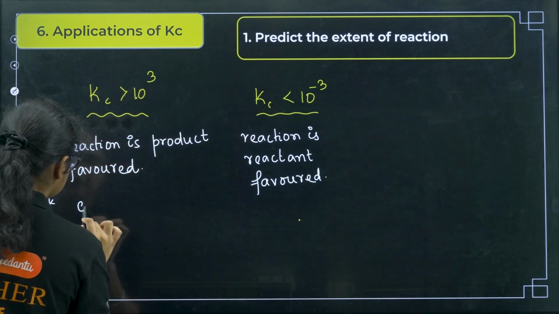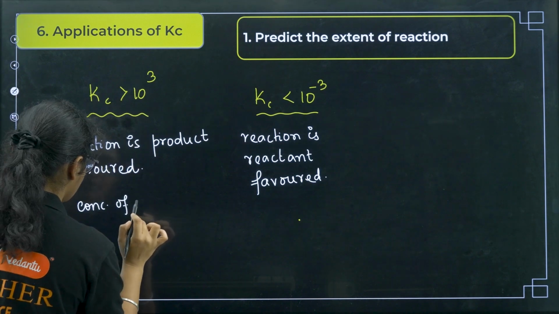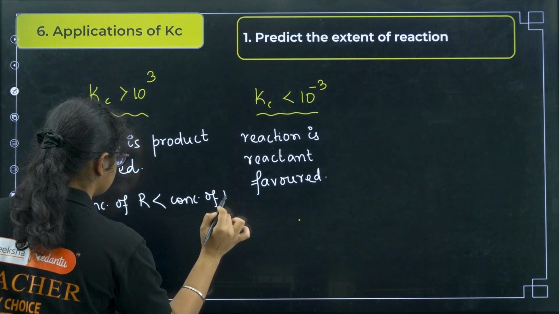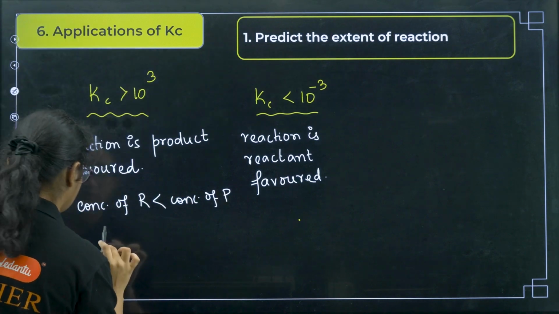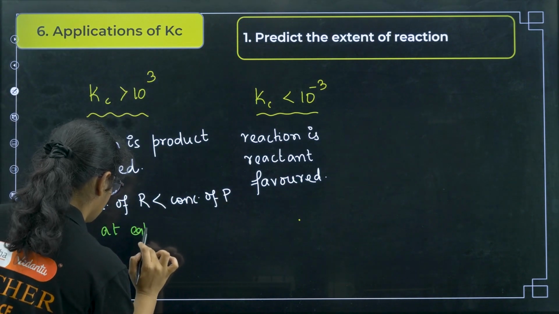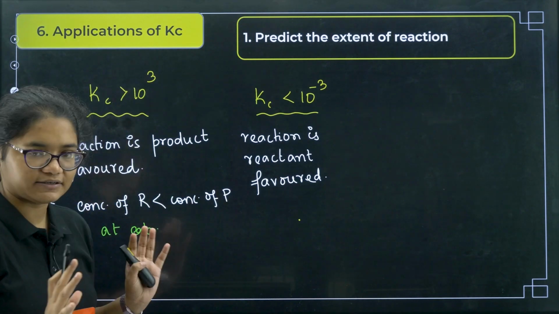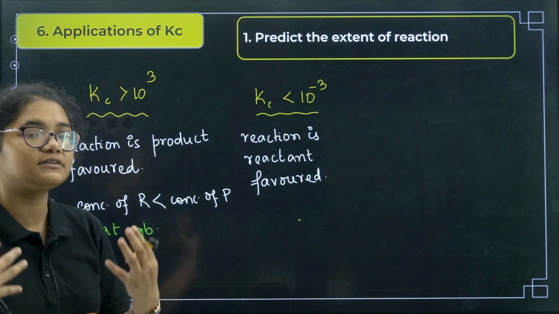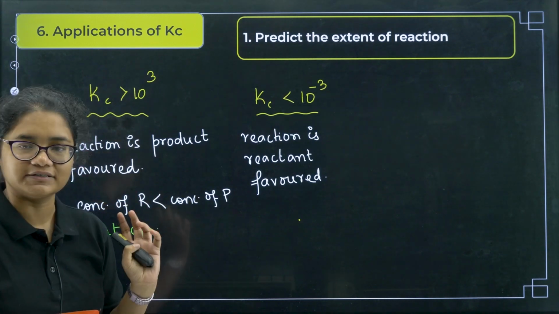What do you mean by the reaction being product favored? That means the concentration of reactants will be less than the concentration of products at equilibrium. Once the reaction has reached equilibrium and you check the concentrations, the product concentration will be more than the reactant concentration.